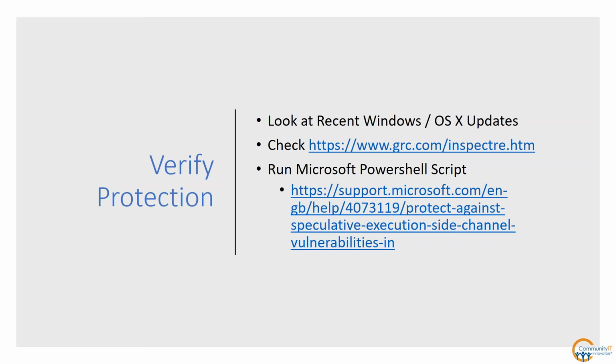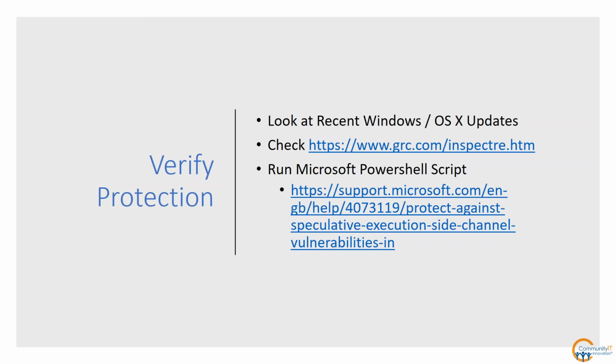Is it because the hardware support is missing? Is it because the operating system support is missing? Or is it because the mitigations aren't enabled in the registry? So if you're on the IT side of things and trying to figure out, not only am I protected, but what do I need to do to be protected?